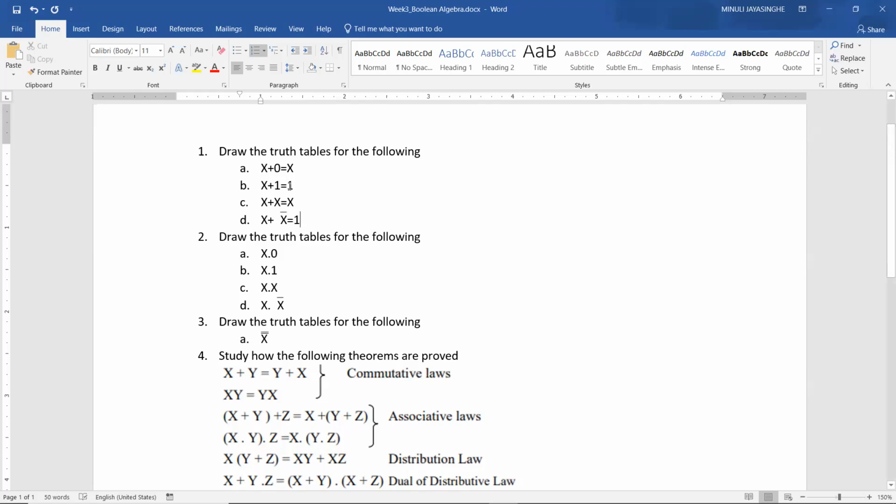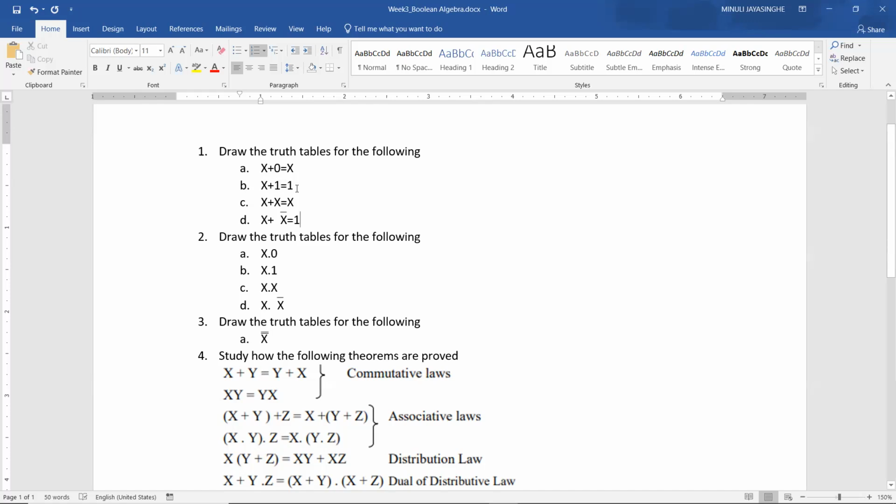So you have obtained these results with help of the truth tables, right? That means you have proved these rules. What was the rule? First rule is x plus 0 equals x, and the second rule is x plus 1 equals 1.